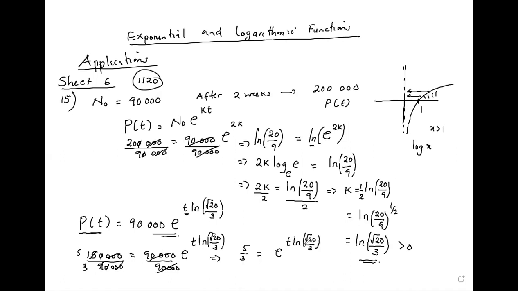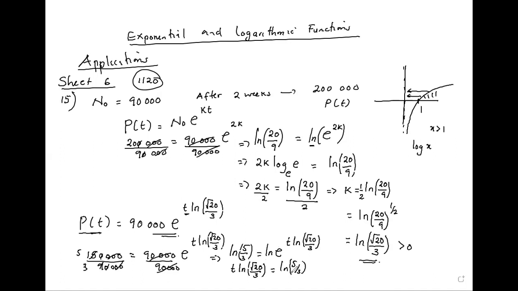Then you apply ln again, on this side and on this side. So that one drops, and we just have t multiplied by the ln of root 20 over 3 is equal to the ln of 5 over 3.